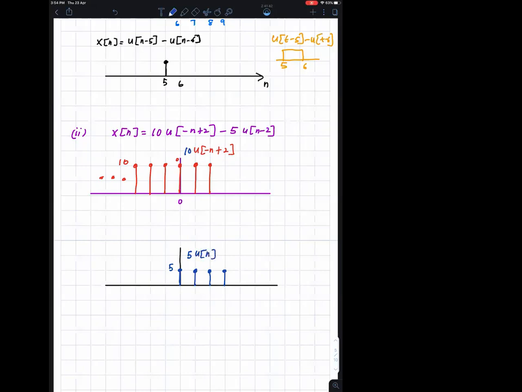You know how to do that, right? Yes. Now I'm going to -2.